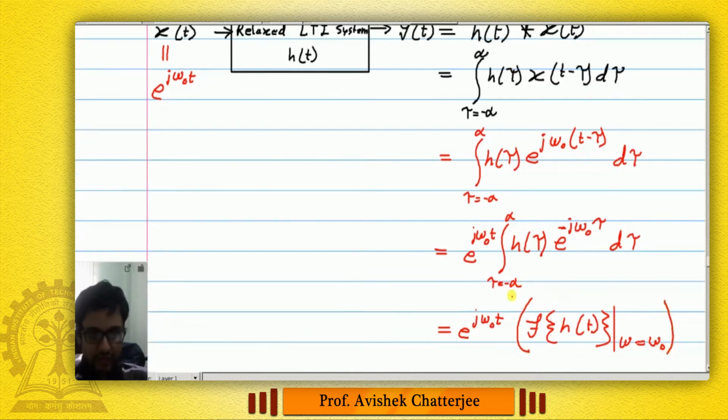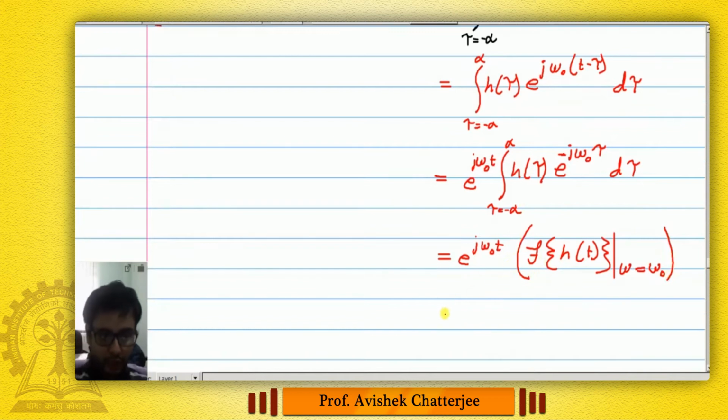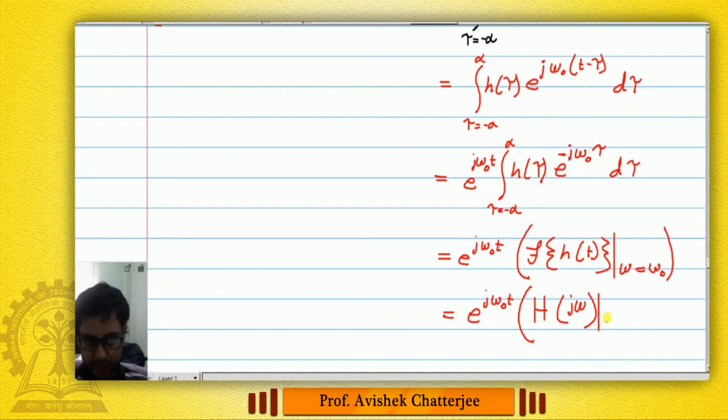Using our new notation I can write this as e to the power j omega naught multiplied with capital H j omega. This is the Fourier transform of the impulse response, evaluated at omega equal to omega naught.